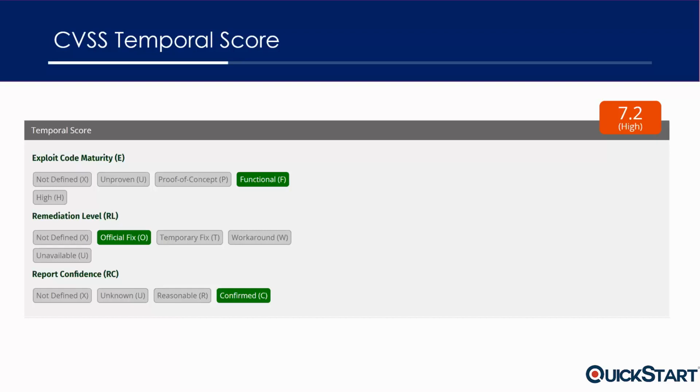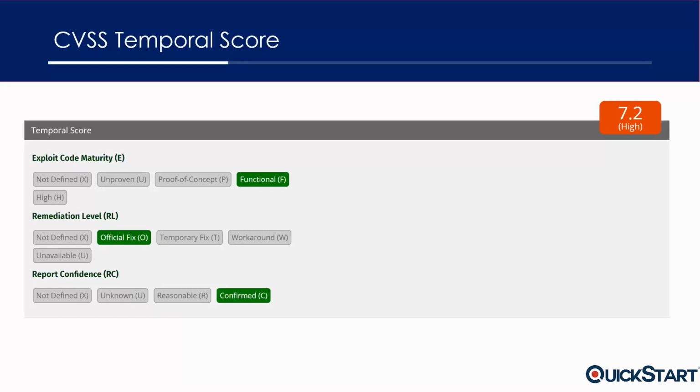Versus proof of concept: the vulnerability exists, we know it exists, and we're able to recreate it in laboratory conditions, but we're not seeing it in the wild. Functional: we're able to recreate it in laboratory conditions, and we are seeing it exploited in the wild. And then high: we are seeing it exploited in the wild, and it is being exploited at a high rate.